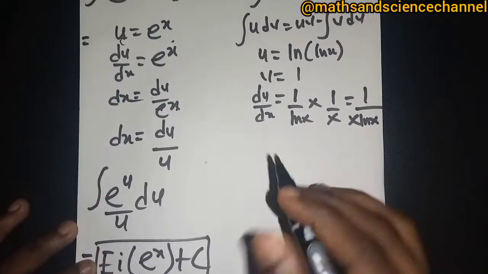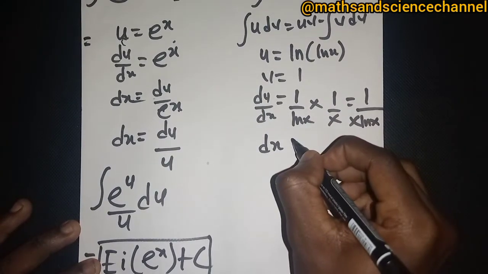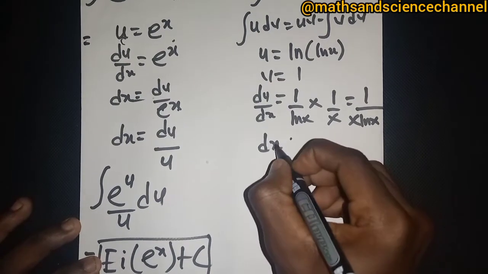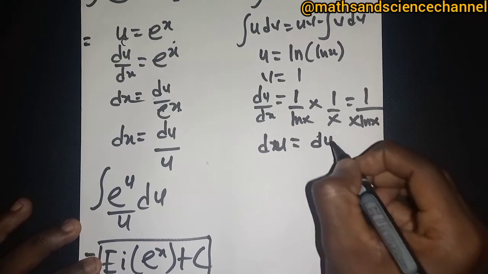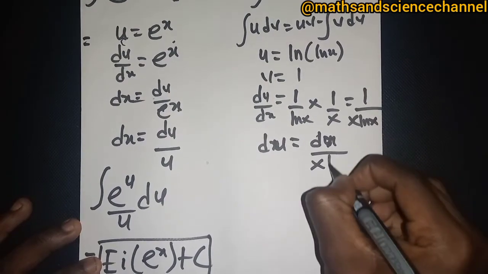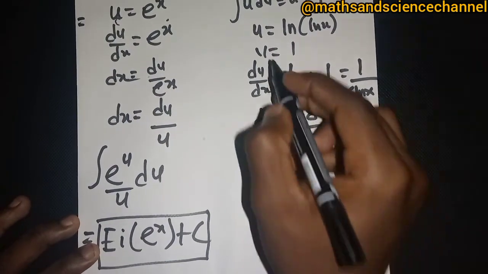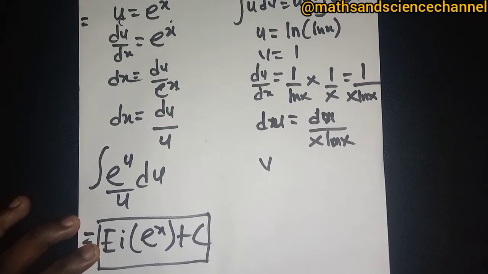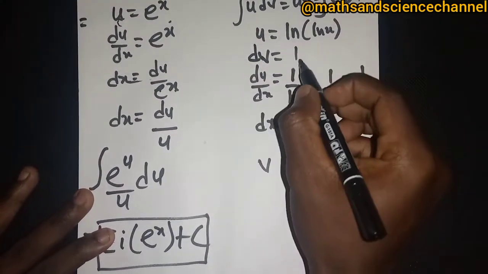So our du here will just be dx divided by x ln x. All right, so what about v? Sorry, our v here, not u.